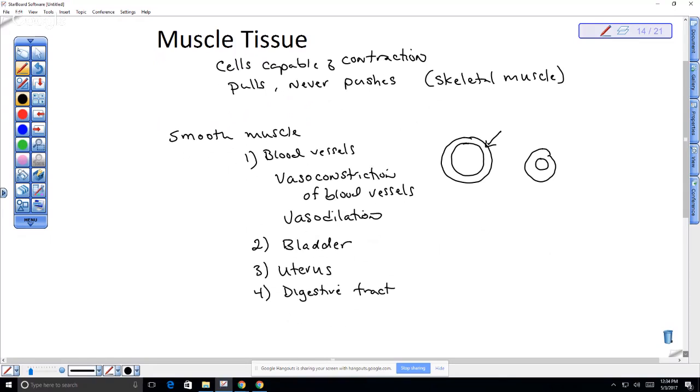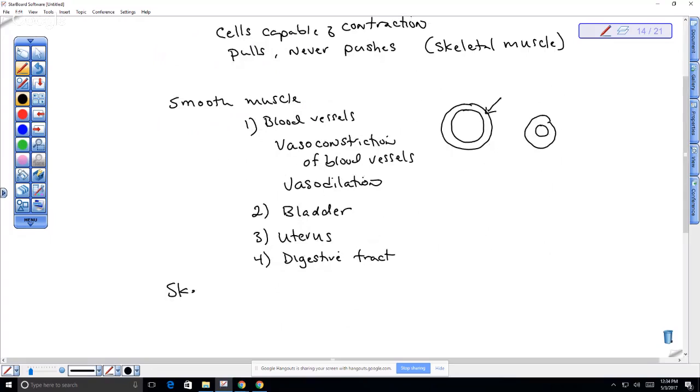Okay, so I mentioned skeletal muscle. Right? So this is what moves the bones. But it is also found in the diaphragm. What is the diaphragm part of? What system? Does anybody know? It's actually not digestive.